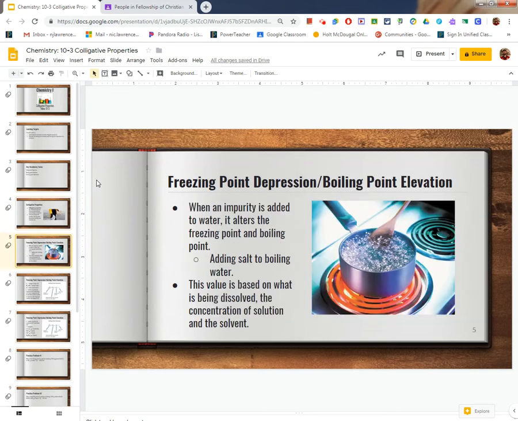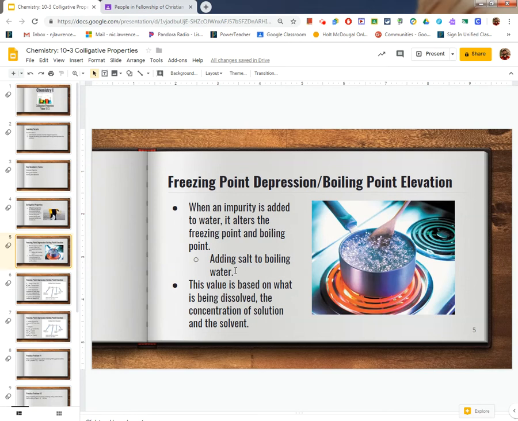So think about it this way. Why do we add salt to our pasta when we boil it? Why do we add salt to our sidewalks in the winter? Because when we add impurity to water, it changes the boiling point and the freezing point. When you add salt to boiling water, it actually increases the temperature at which the water boils.